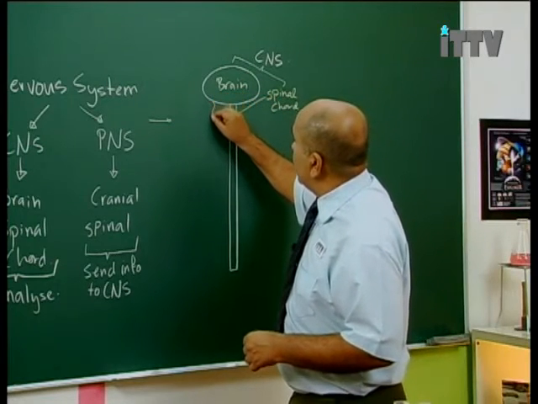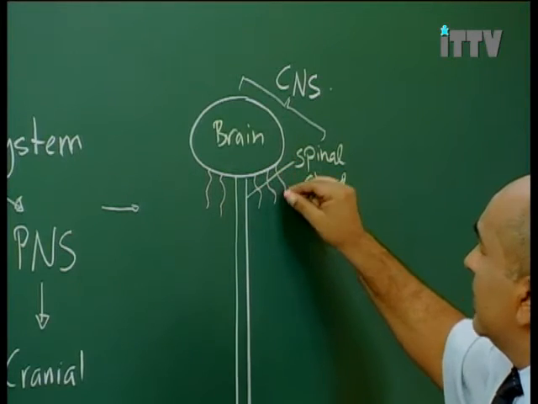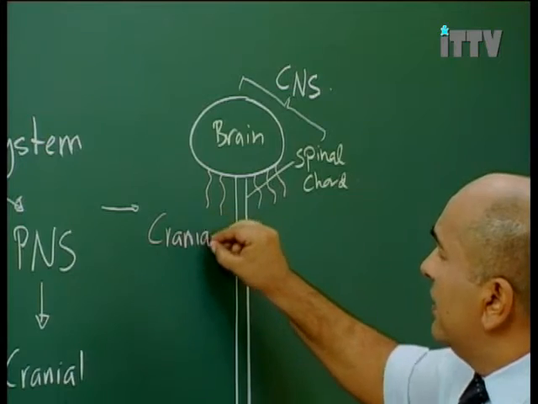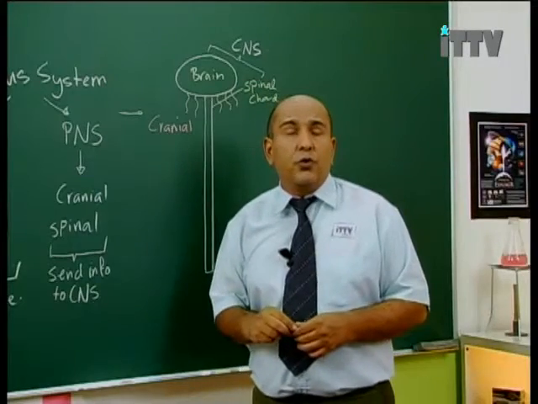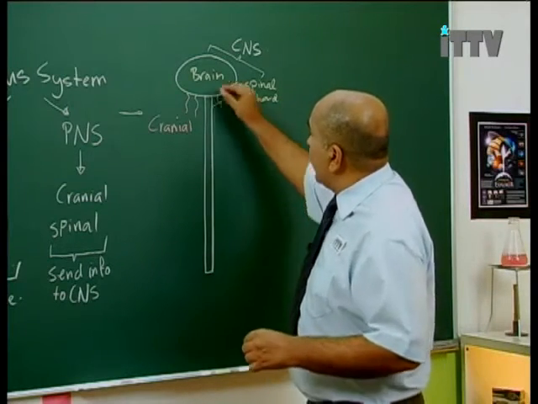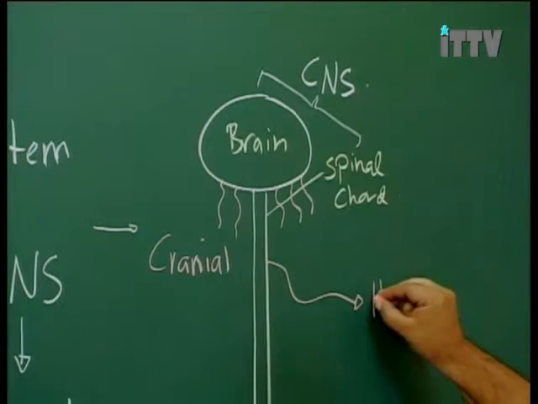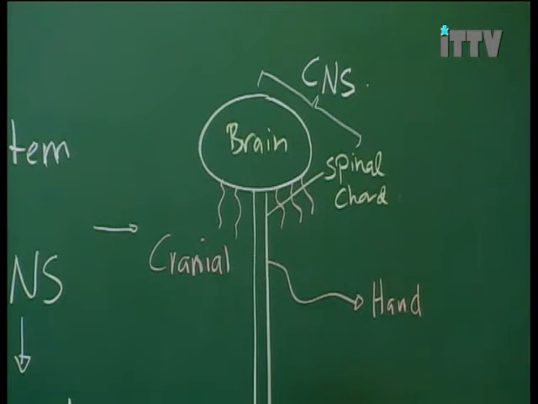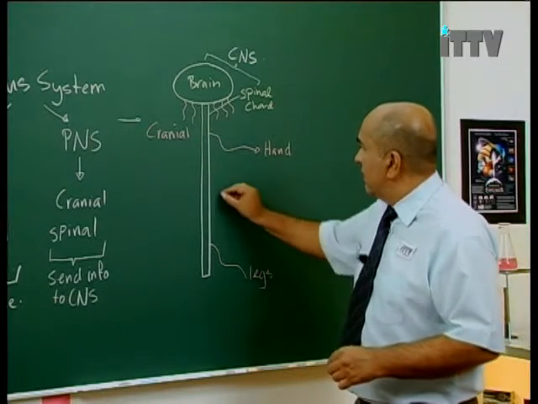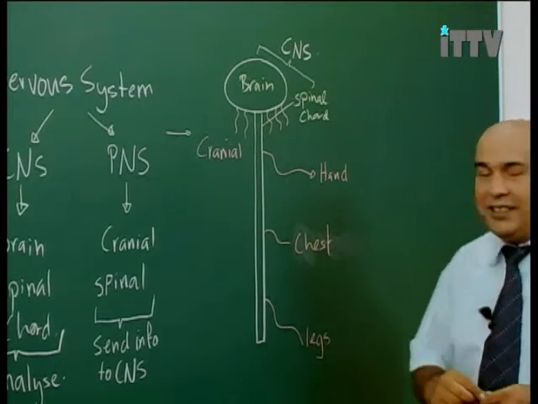Up here, coming down from the brain, these are our cranial. Remember, we have cranial here, and we have roughly about 10 or 12 of these cranial nerves that come down. Then coming out from the spinal cord, going to all parts, say to the hands, going to the legs, going to the chest area.